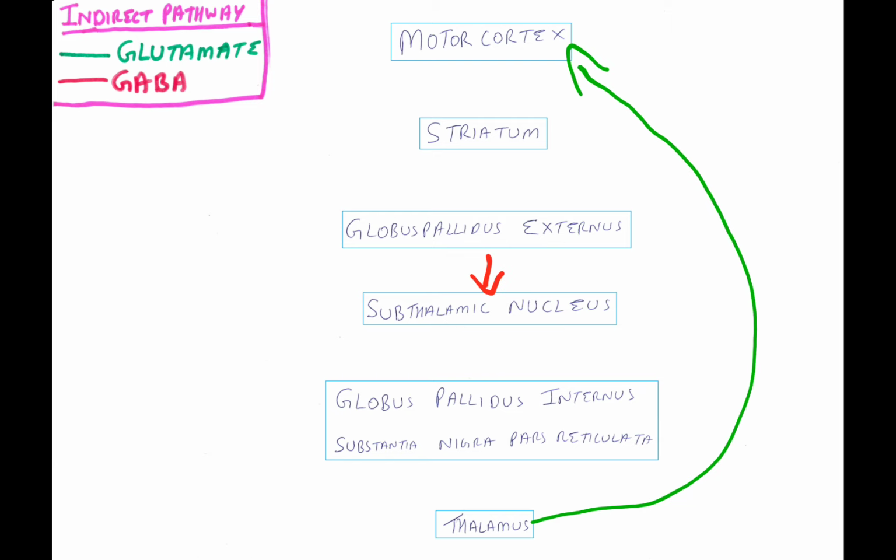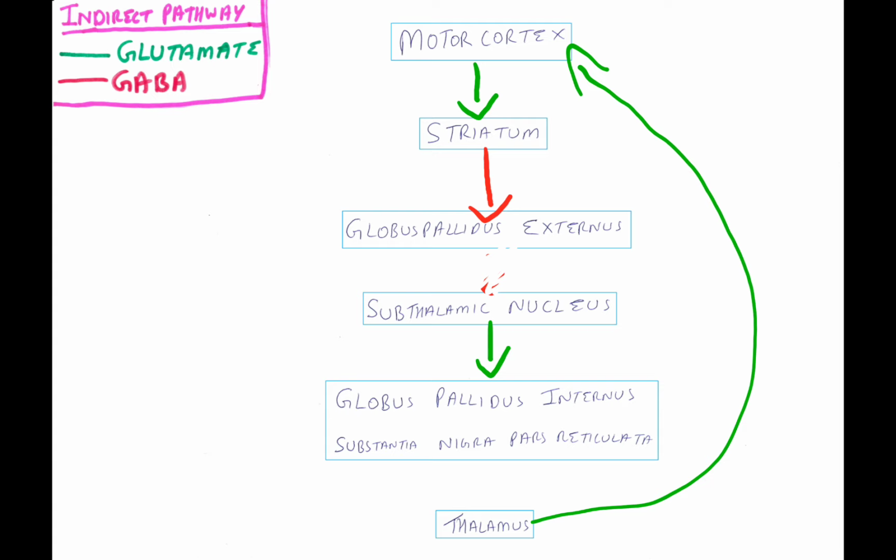So now, to bring the body to rest, motor cortex stimulates striatum. Striatum in turn inhibits globus pallidus externus. So when striatum inhibits globus pallidus externus, this subthalamic nucleus gets disinhibited. When the subthalamic nucleus gets disinhibited, it stimulates globus pallidus internus and substantia nigra pars reticulata.